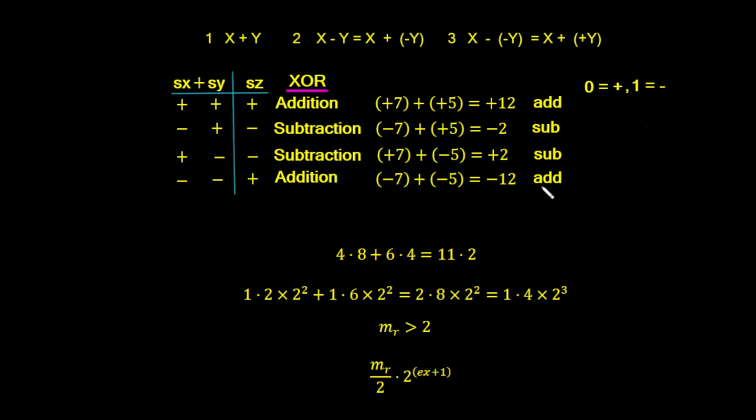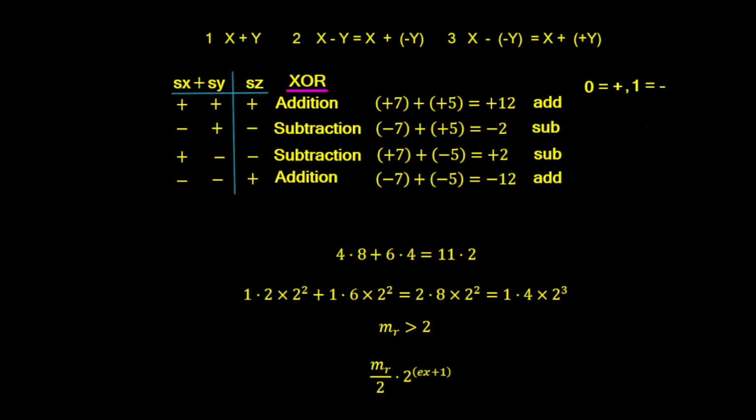Now you can tell whether you're going through an addition or a subtraction by looking at the truth table. So this truth table here, for this little block, we're going to have the value here is positive, and positive will give you a positive. Now in the floating point land, we said that if the value is positive, we define it as a 0. If it's negative, we define it as a 1.